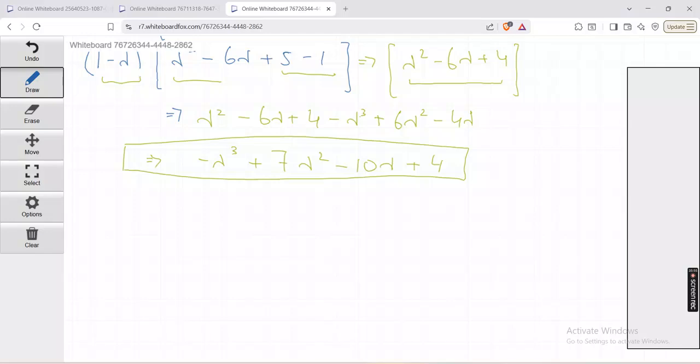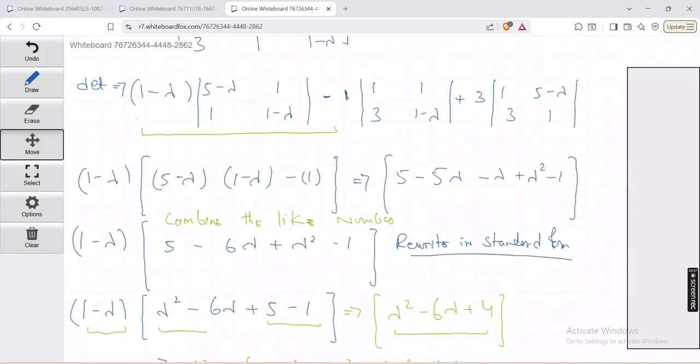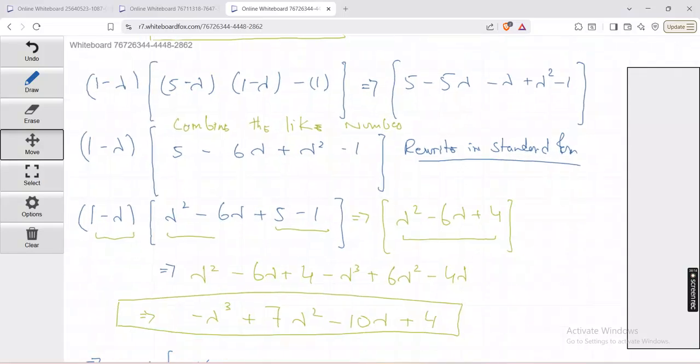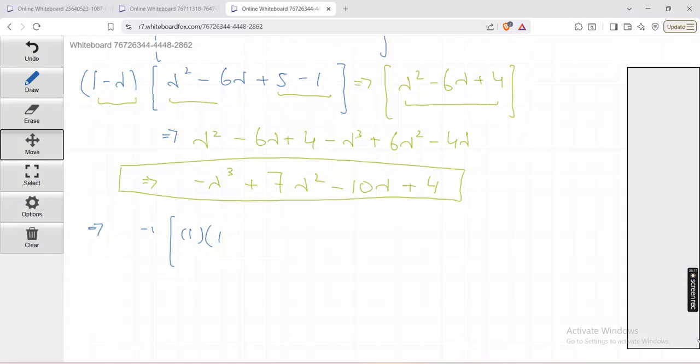Now for the second one, which was minus 1, 1 into 1 minus lambda and this one, multiplying: 1 minus lambda minus 3 into 1. The minus 1 will still remain the same.